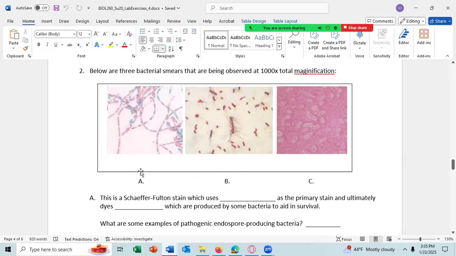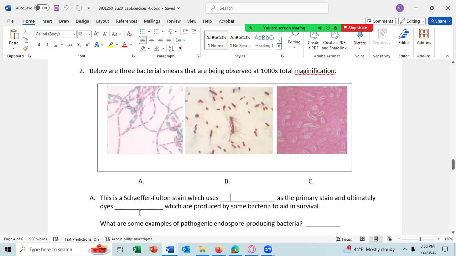A goes to the picture A. This is the Schaeffer-Fulton stain, which uses what as the primary stain and ultimately dyes what structure in the cell. And the structure is produced by some bacteria to aid in survival. Any question about that? So for A1, you're telling me what the stain is.